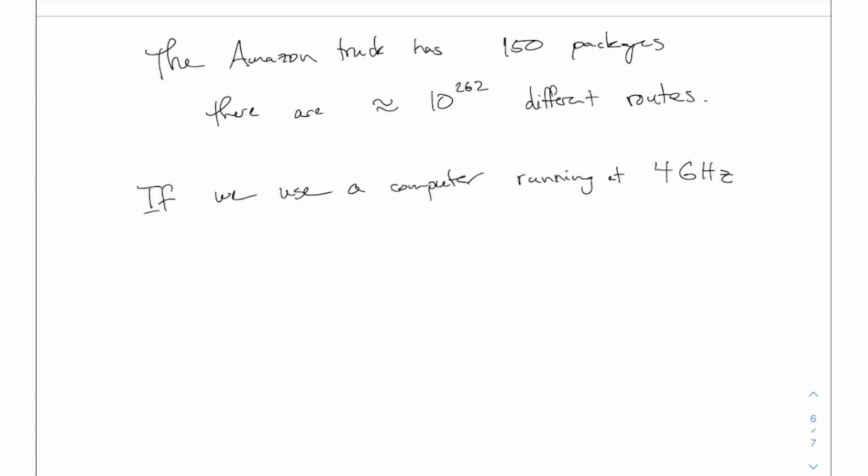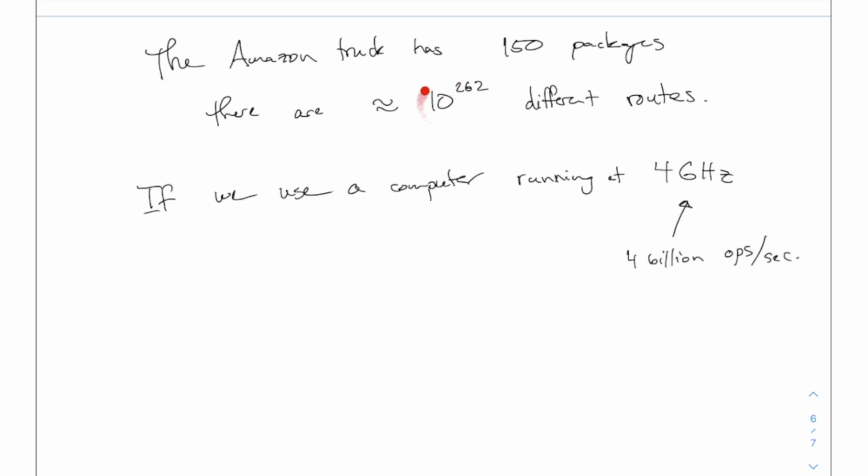And 4 gigahertz means 4 billion operations per second. Like if you're mining bitcoins or something, they can do something like 2 gigahertz, I think, and those are ultra high performance computing instruments. Anyway, this would be a very good computer running at 4 gigahertz. That's 4 billion operations per second.